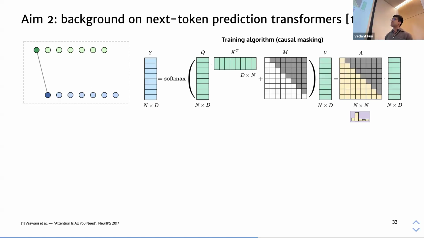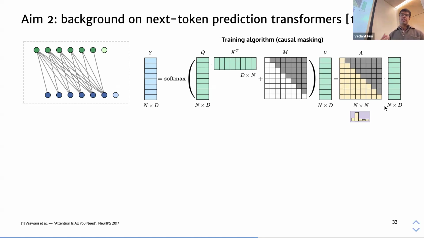The way it is implemented in the training procedure is using this masking matrix that essentially eliminates the impact of all future tokens. This setup allows you to maintain the parallelizability of the self-attention algorithm while enforcing causality. So this is excellent for training.